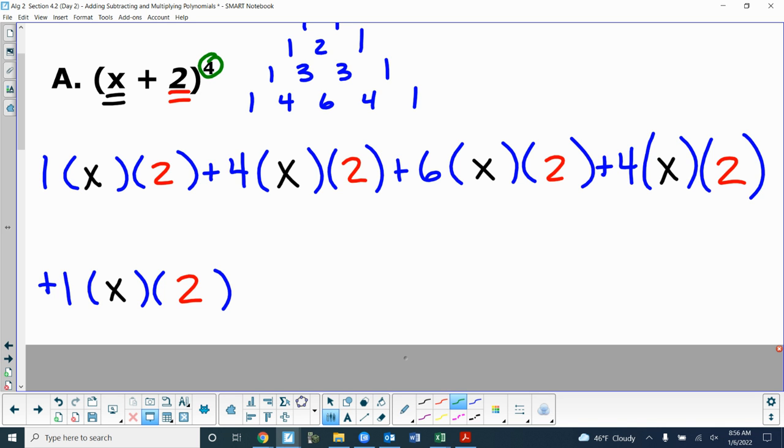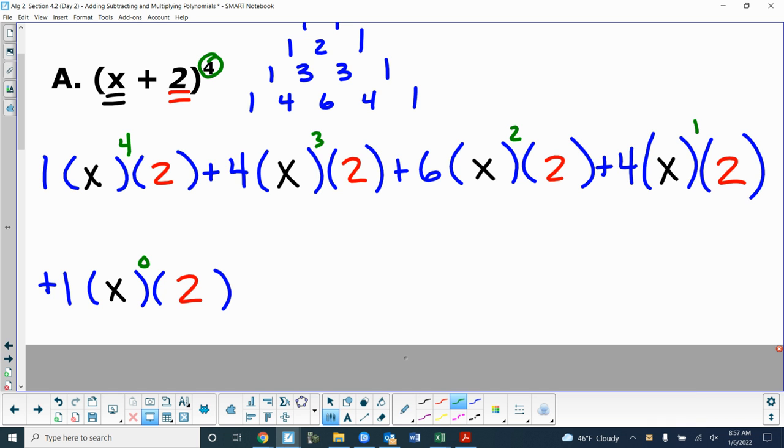Since this is a 4, this first parenthesis has a 4 exponent. And then as I go to the next first parenthesis, I go down by 1s, all the way to 0. So whatever the original exponent is, that's the first parenthesis's exponent. And then you just go down in order by 1s, all the way to 0.